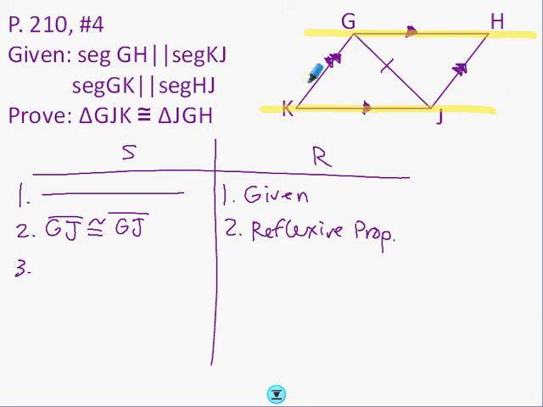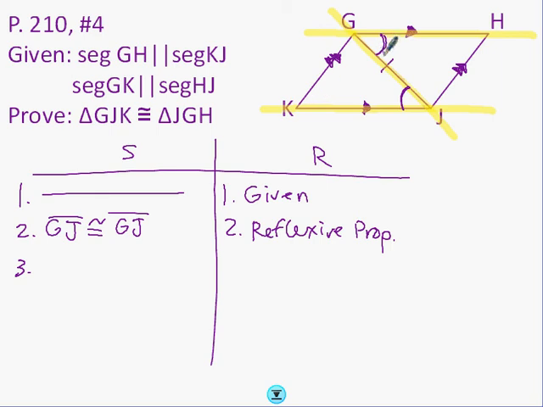I have several transversals here. The one that's most important is this one that cuts through the middle, because it creates angle HGJ and angle KJG, and they are congruent to each other. They're congruent to each other because they're both between these lines, which is to say they're interior angles.